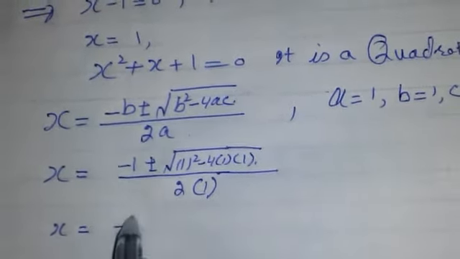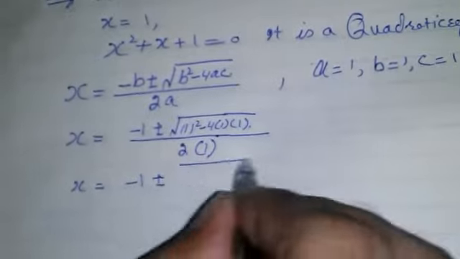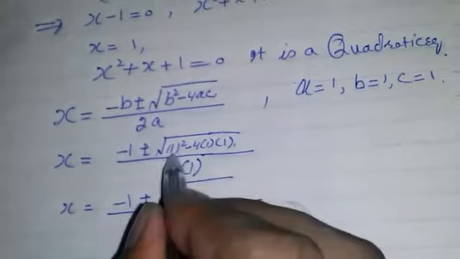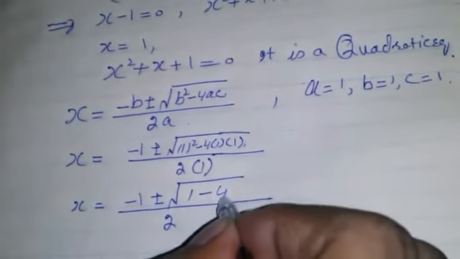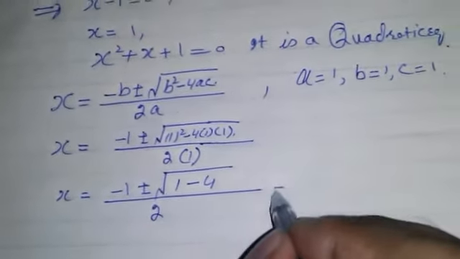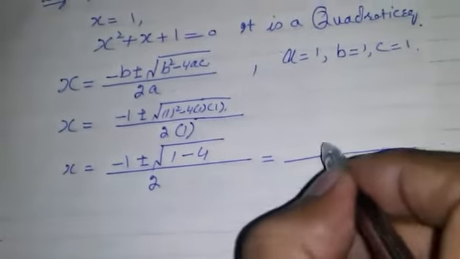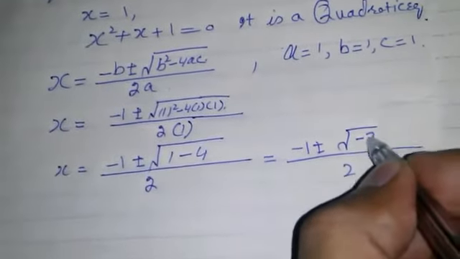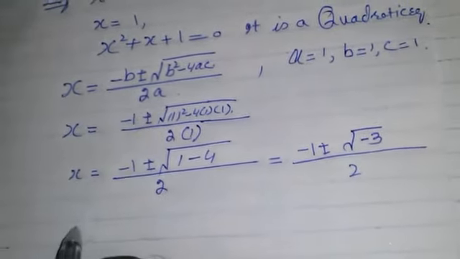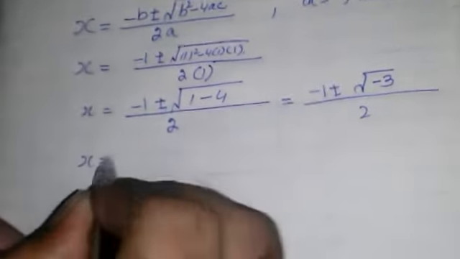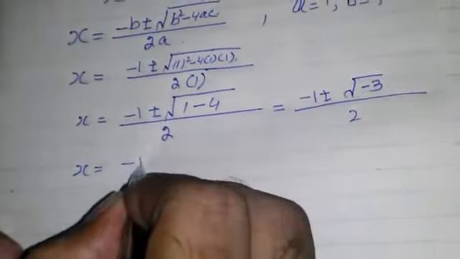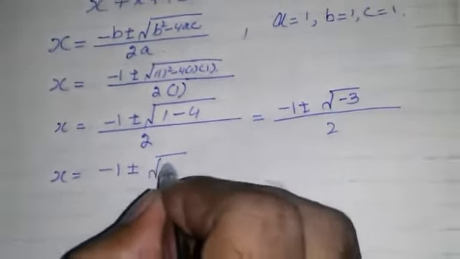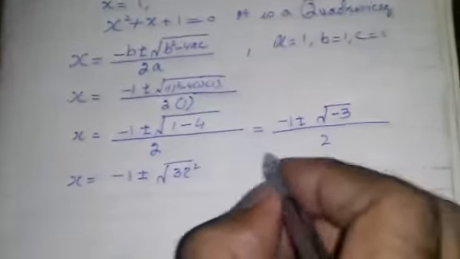x is equal to minus 1 plus minus square root of 1 minus 4, which is equal to minus 1 plus minus square root of minus 3. x is equal to minus 1 plus minus 3 iota square.